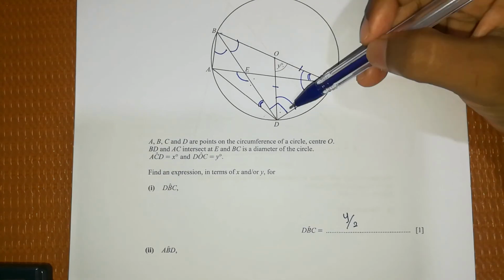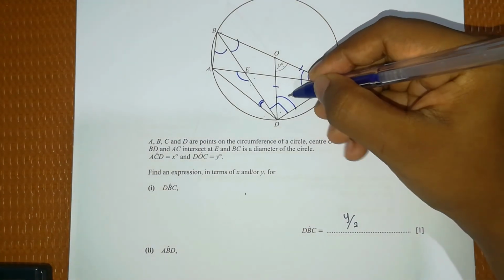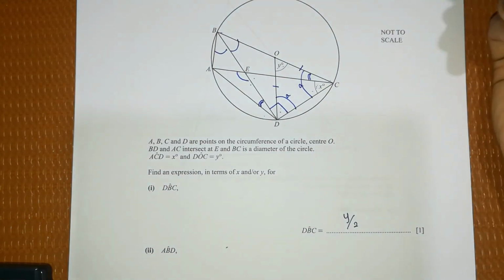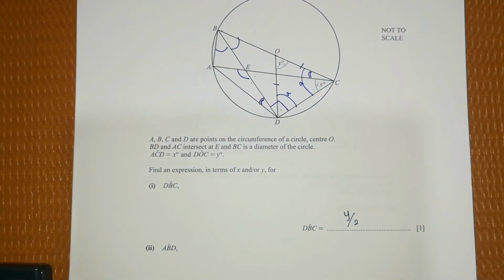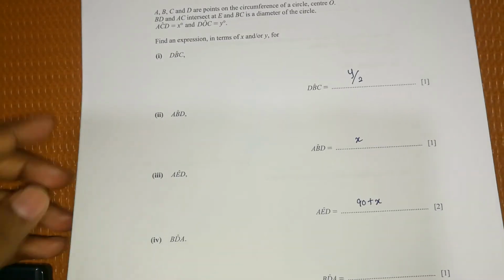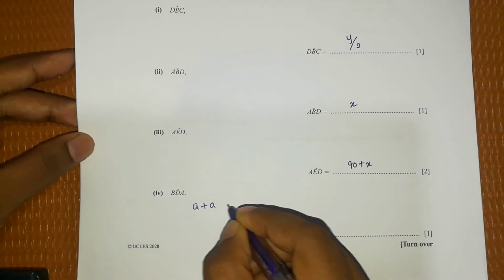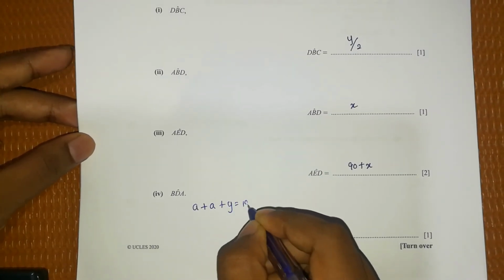How do we find that angle? We know this one. Now let's put a letter here. Let's take A in both the cases. So you can use the angles of a triangle: 2A plus y is 180.